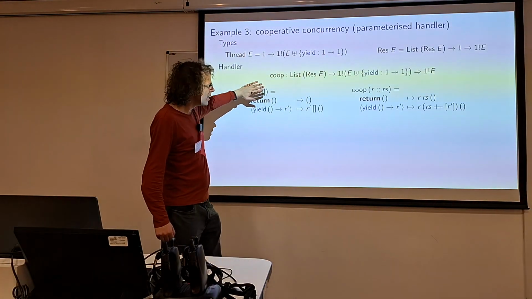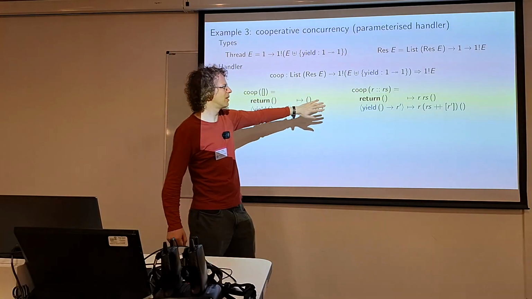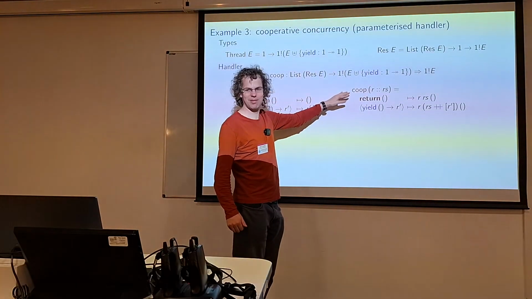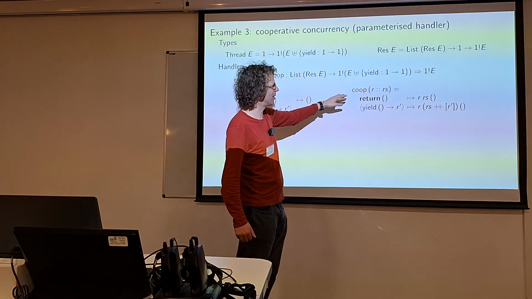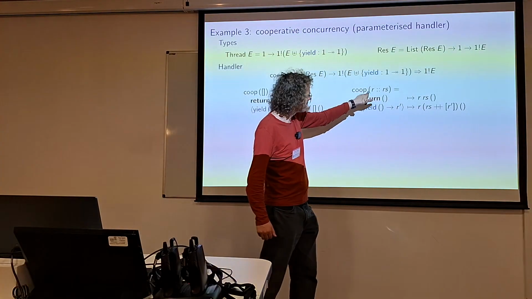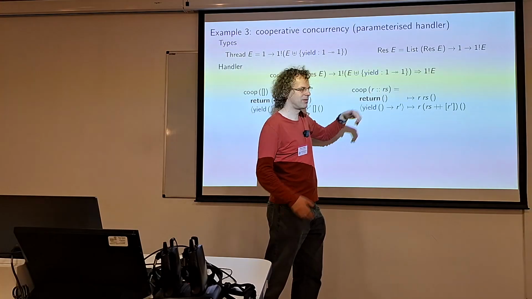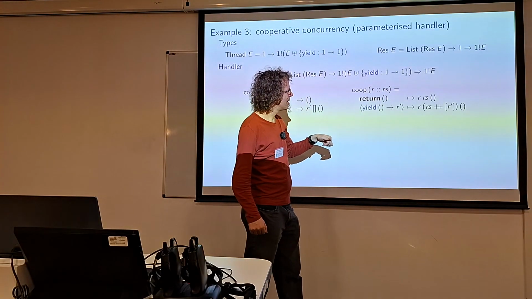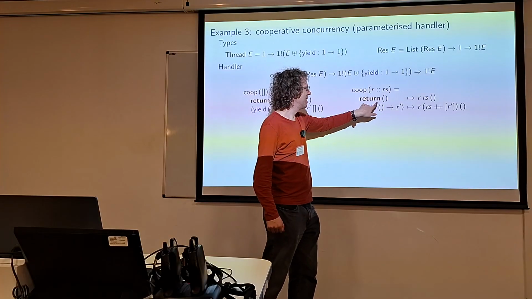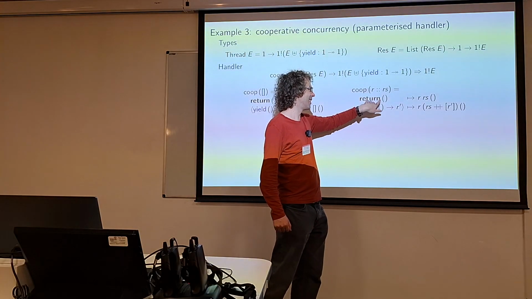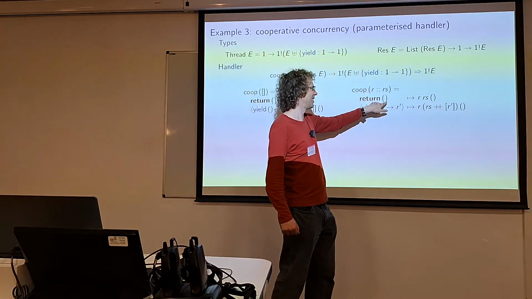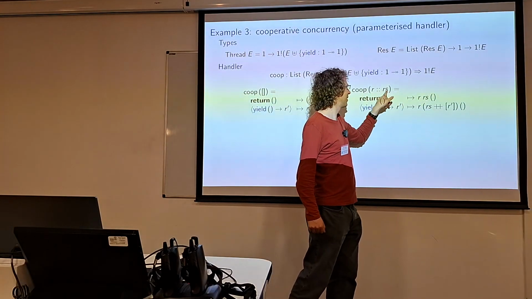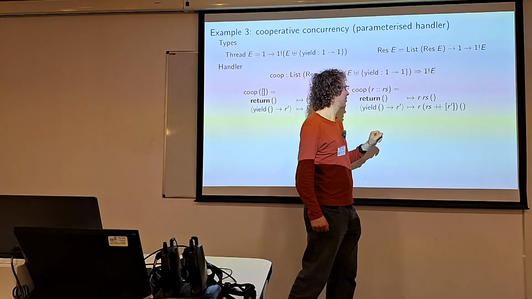But if you look at this code, I think it basically just very directly does what you might imagine a scheduler to do. This list of resumptions, it's kind of the queue of threads that are waiting to run. Well, if the current one that we're currently running finishes, then we just take the next one and pass in the rest of the list and unit.